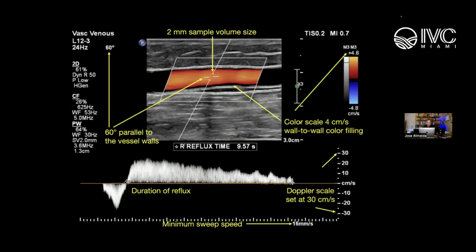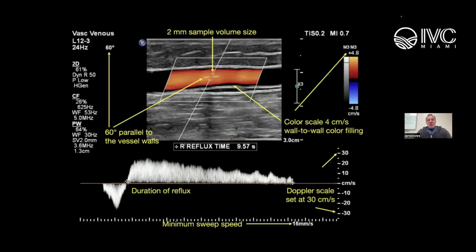You want to take us through the numbers on the left side of the screen, Jan, real quick? L12.3, 24 Hz, 2D. What does all that stuff mean? So the information engraved on this image is your linear 12.3, the transducer that I'm using. The 24 hertz has to do with your frame rates.